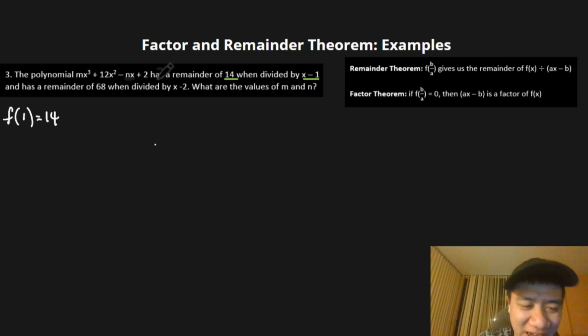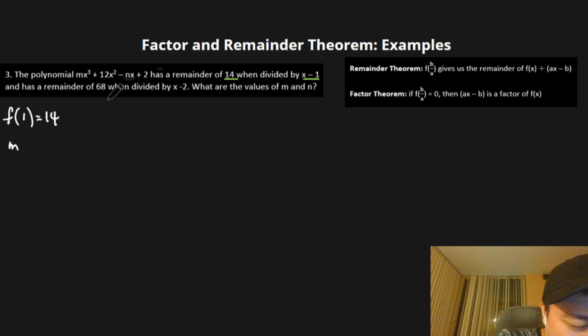It's not very clear how this would help us, but let's roll along with what we found. If we have f at 1, that means we plug 1 into our equation at the very top. So let's do that and see what happens. So m times 1 plus 12 times 1 minus n.